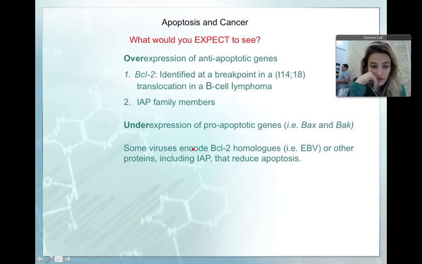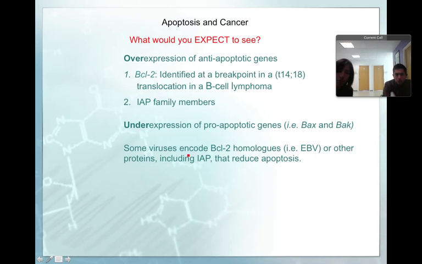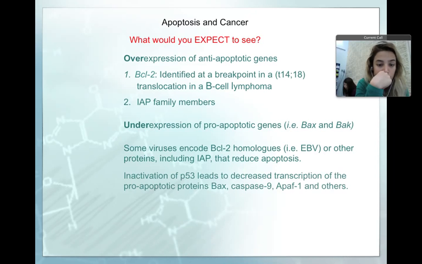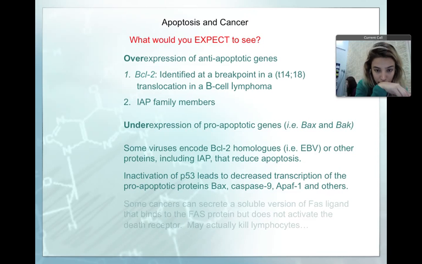It turns out that some viruses even encode proteins that look like BCL2 that reduce apoptosis. They're able to defend themselves. Right, because viral infection is something that triggers cell death, but the viruses like EBV that cause cancer are able to overcome that, right, by producing proteins that mimic the activity of BCL2. Right, and we already mentioned this, so I won't go over that.